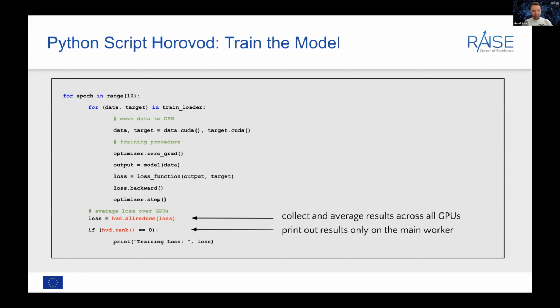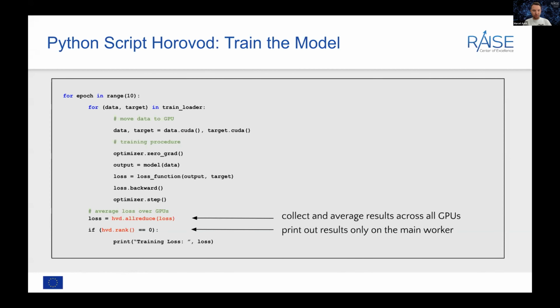And the thing that is important to do after an epoch, for example, when you want to know how well your model training has performed, is that you need to reduce your loss. Reduce in this case means that it will collect the current loss from each of your GPUs and average those results.